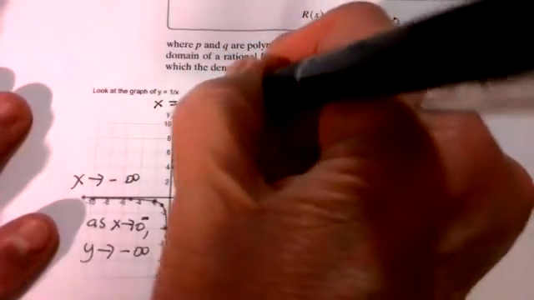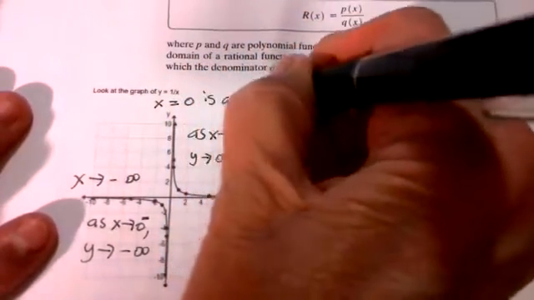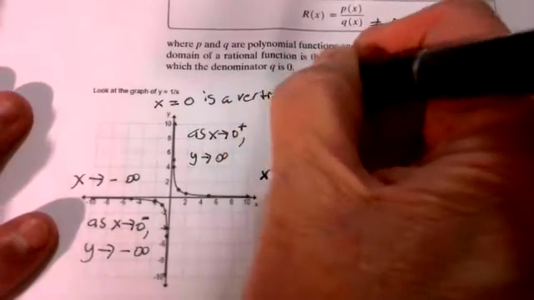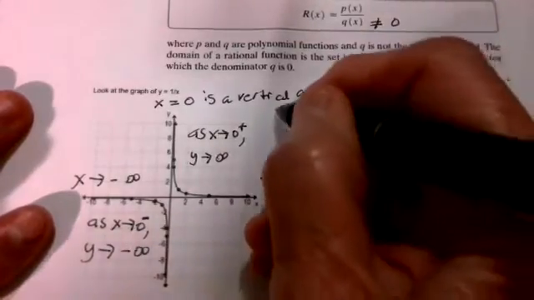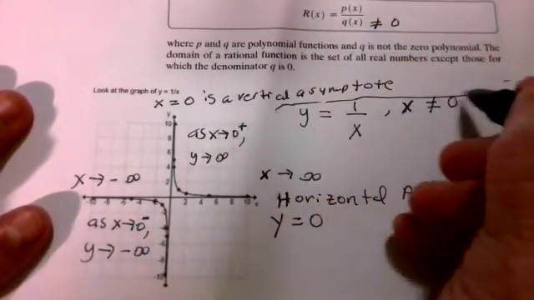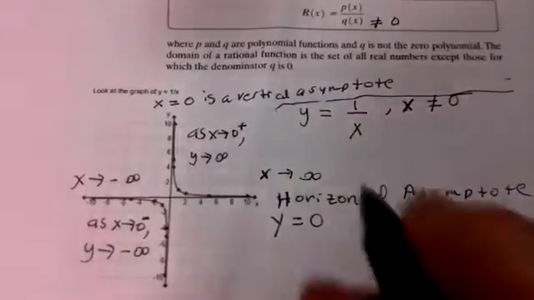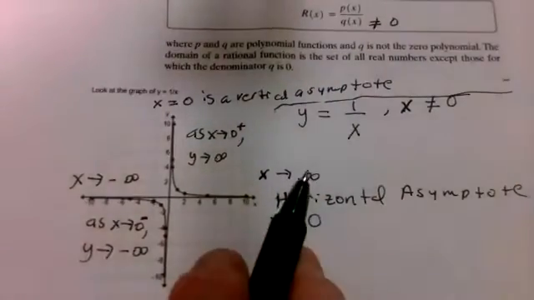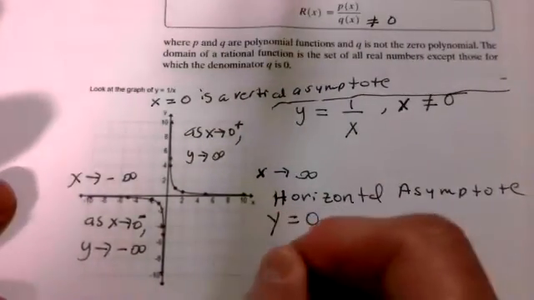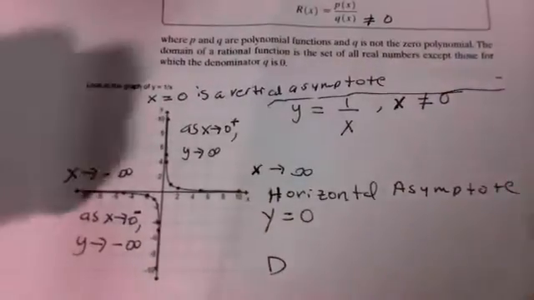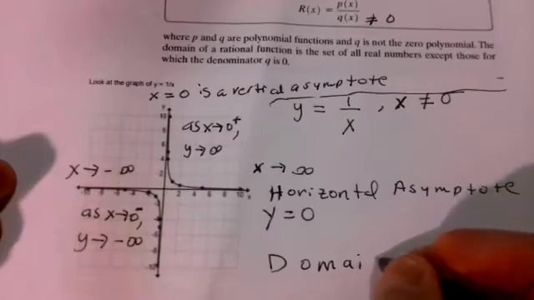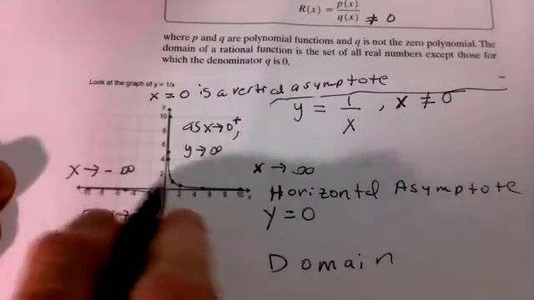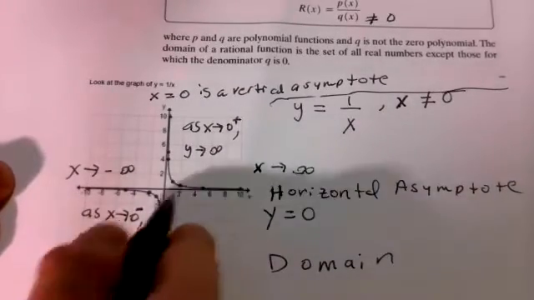So we've got vertical asymptotes and horizontal asymptotes, and a rational function may have both. It could have neither. Now, the domain of this function: if we look at it, it's everything except it skips over 0.